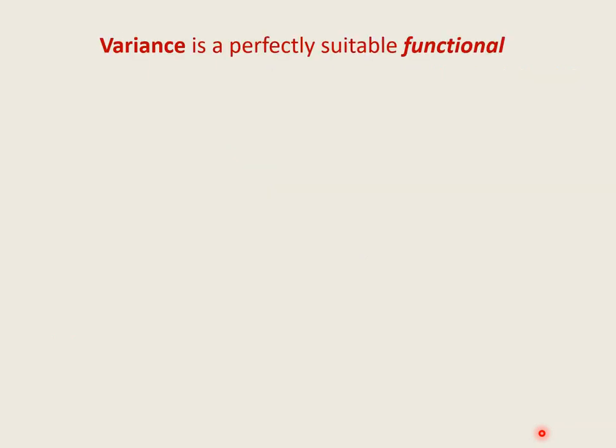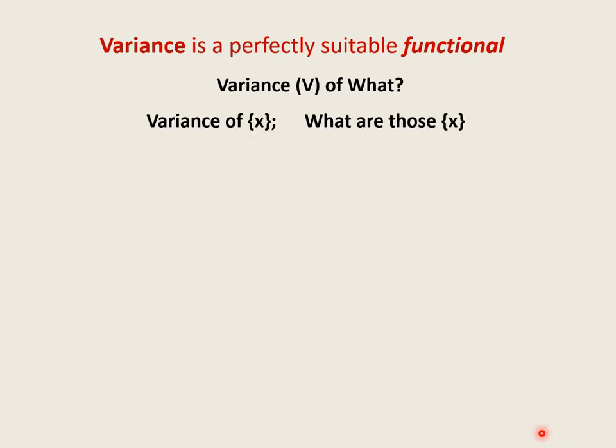Clear? Okay. Now the main question, how do I define my variance? So variance is perfectly suitable functional for our problem. Now variation of what values? X values, variation of a set of x, right? But the question, what are those x? Of course, if V is 0, that must correspond to the solution. And at that solution, you want some set of x values to be the same.